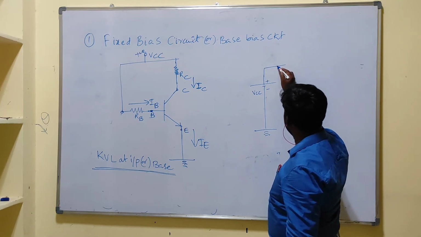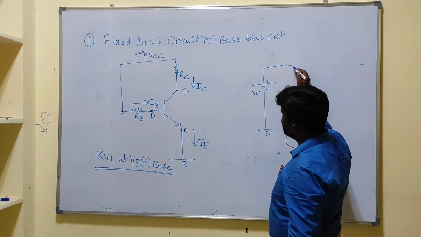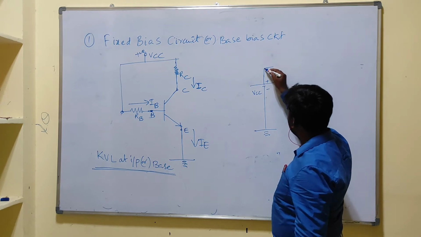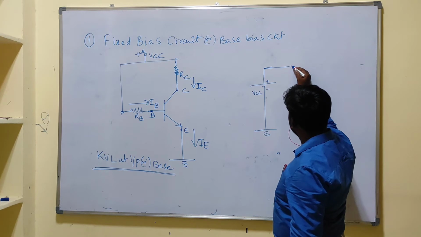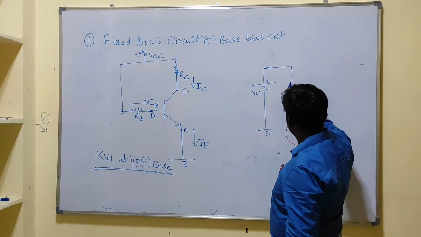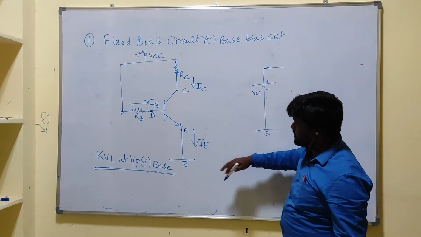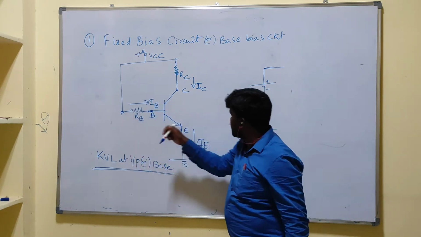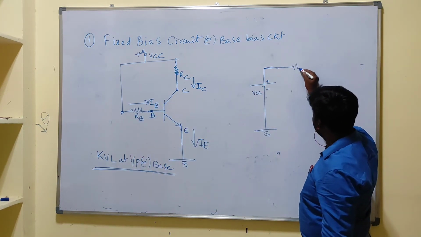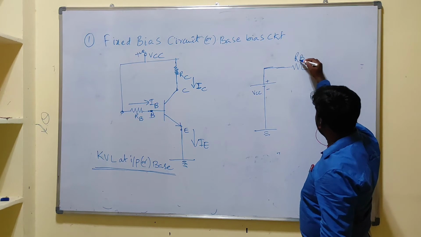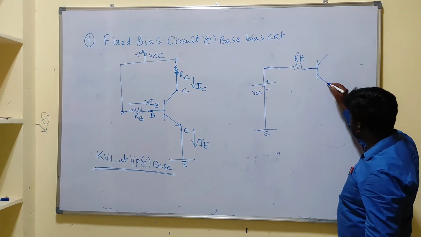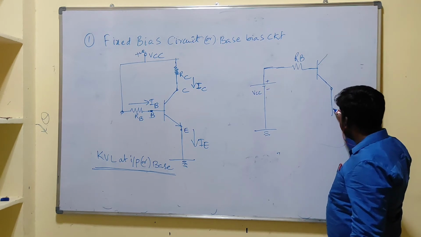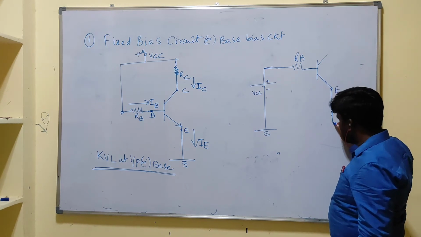We need to consider only the base side. This VCC is connected to the base through RB, and we have the transistor. We didn't consider the output side. This is our emitter, and this emitter is connected to ground.